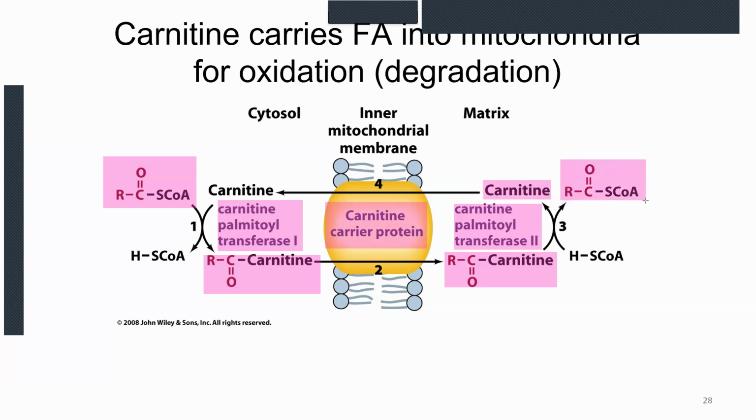So essentially, carnitine is a compound that, whenever it has an alkyl chain, the carnitine carrier protein says, I recognize you, I'm going to transport you into the mitochondrial matrix. Free carnitine, the carrier protein says, I don't know you. Whenever you have FA carnitine, boom, it gets transported in. Free carnitine does not. Free carnitine gets transported out. So this is carrying the alkyl chain that we are ultimately going to break down for ATP.